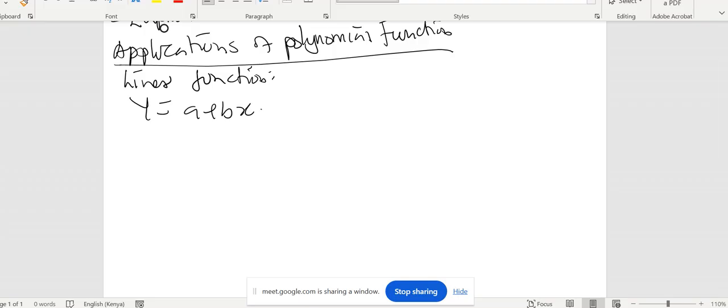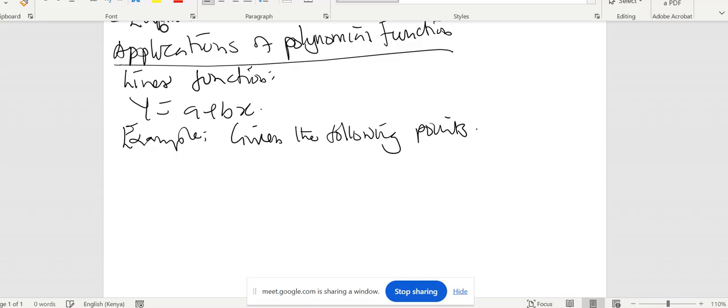So, given the following points, let's say as an example, we have a point here, that is (2, 7), the other one is (7, 12).